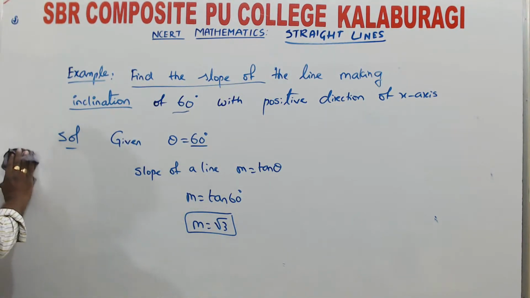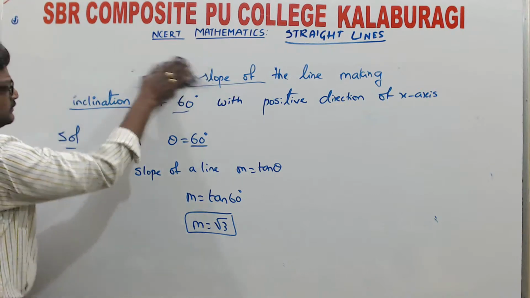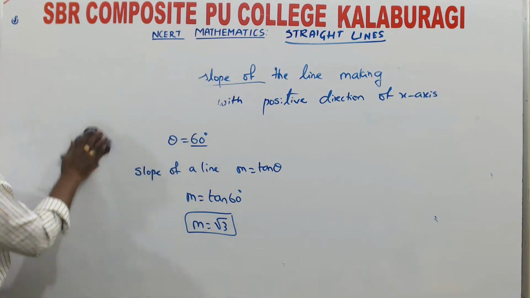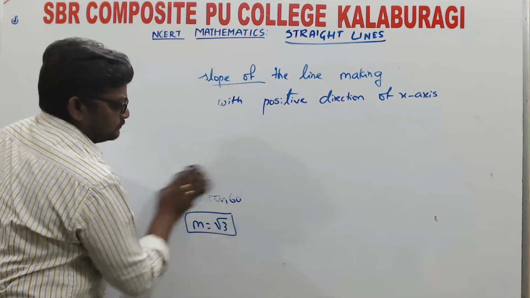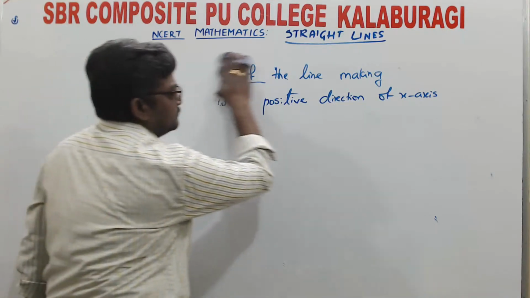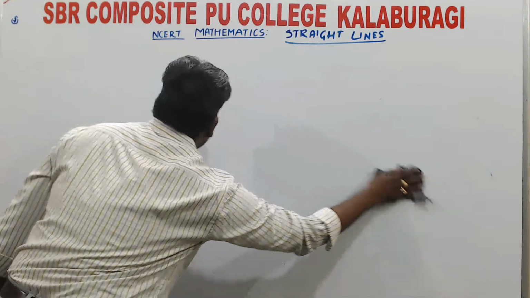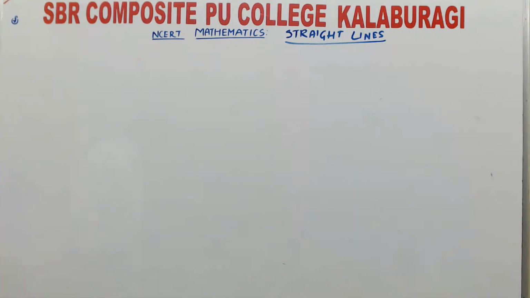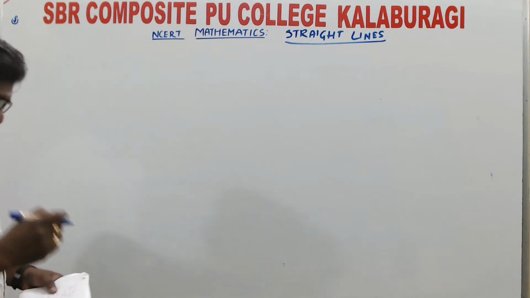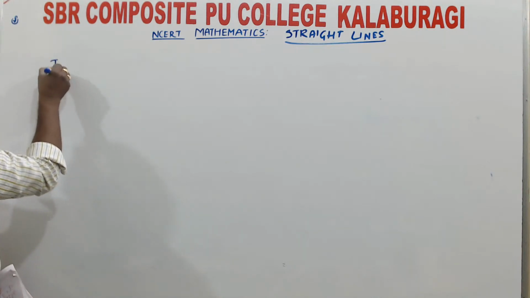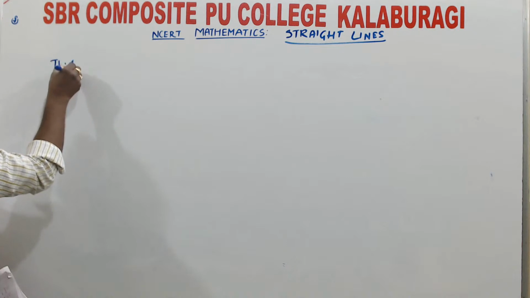Now, next concept. From the next concept onwards, we'll see theorems. We'll make it as theorem 1.